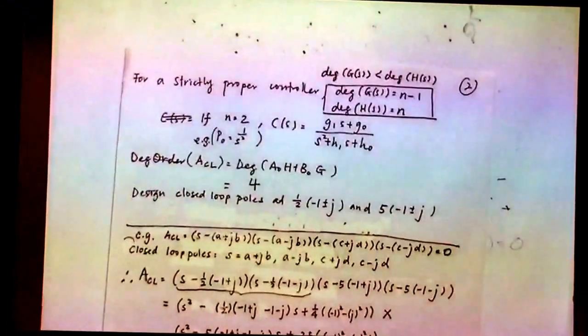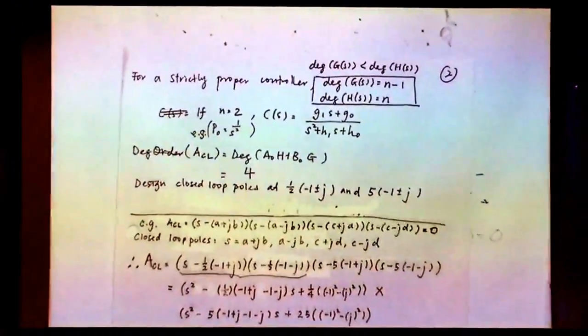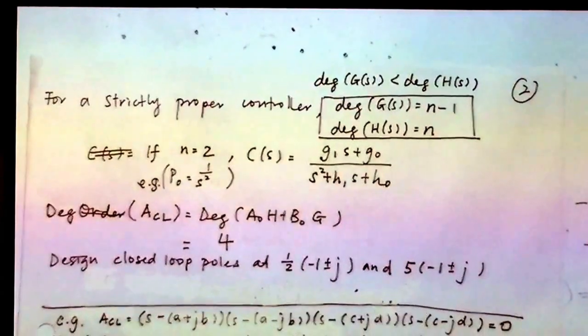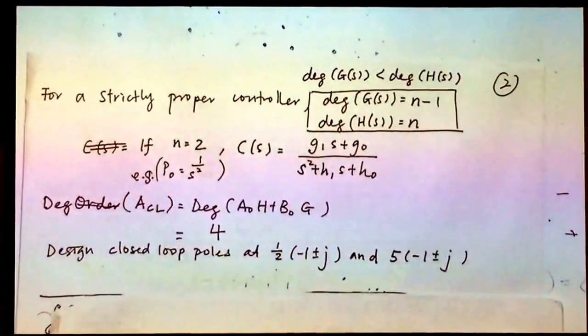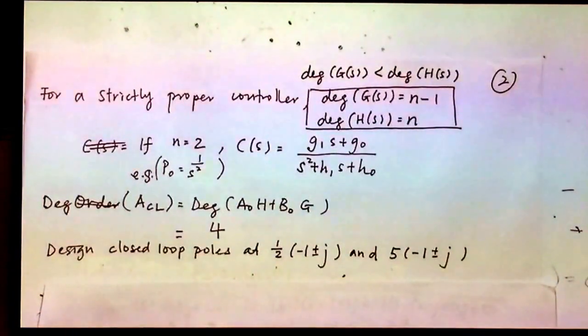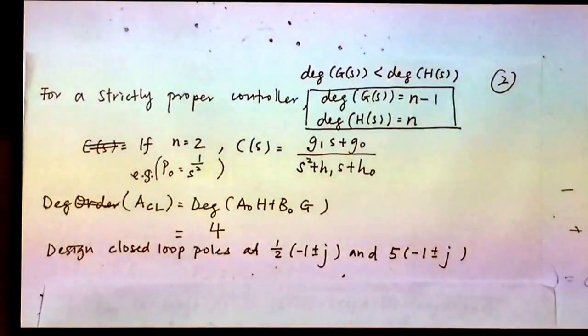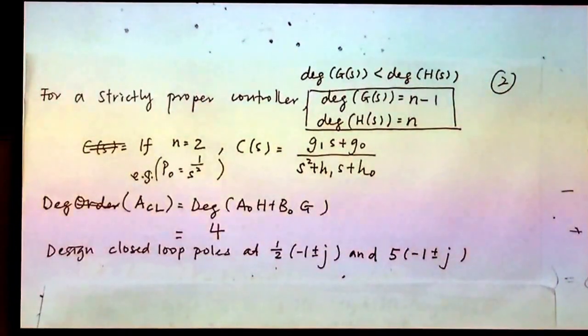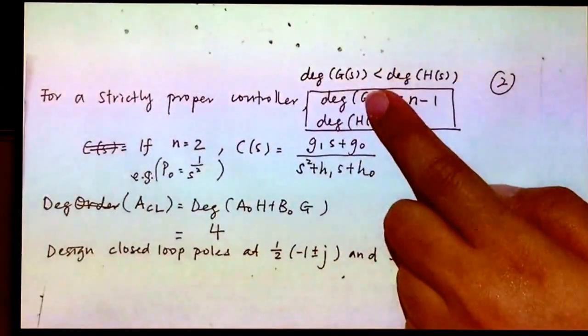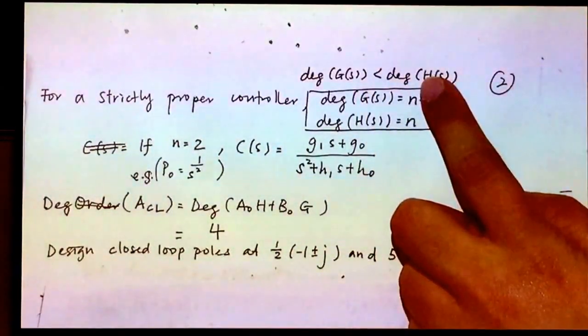So let's move on. We have gone through our proper controller. What about a strictly proper controller? What does strictly proper mean? It means that the order of the controller numerator must be smaller than the order of the denominator.